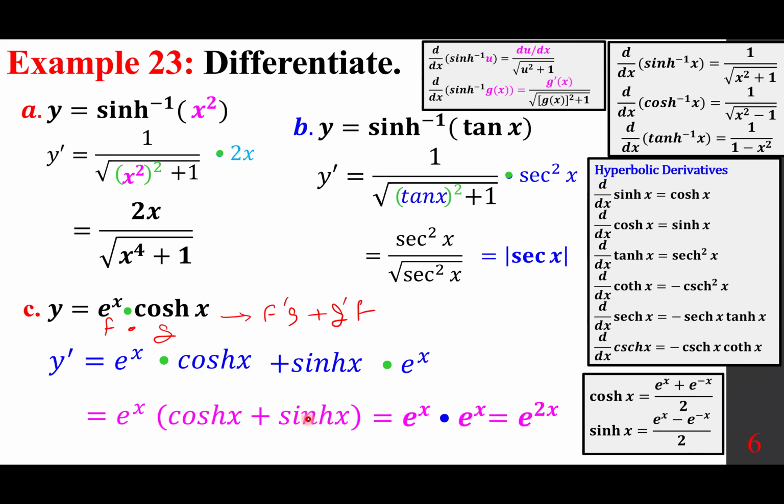Just add these two and you'll see that. So therefore, e to the power of 2x is the final answer, everybody. So that's pretty straightforward. I hope everybody's following that.